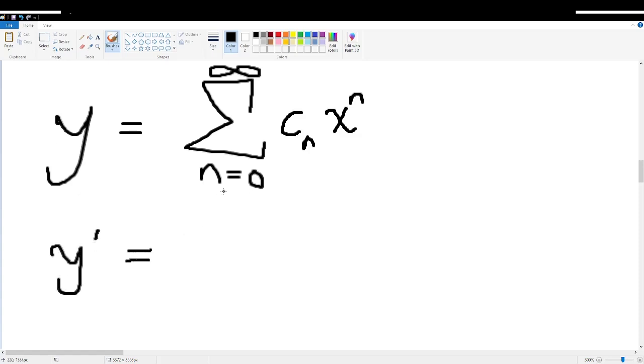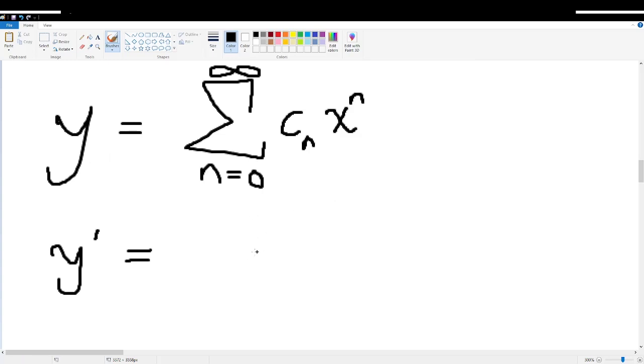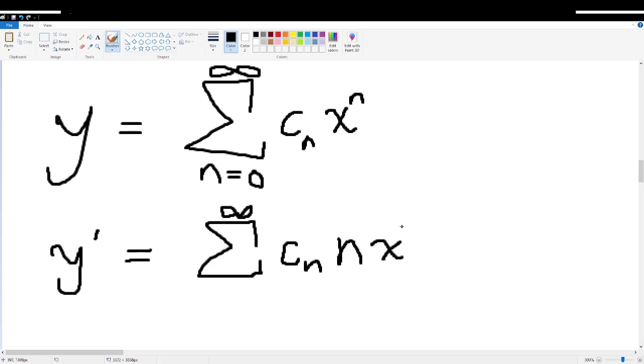When you take the derivative of a series, you have to remember that it is essentially shorthand for adding all these infinite terms. So every monomial is going to go down by the power rule. So we're going to have the sum still up to infinity. The constants are unaffected by the derivative. We're going to have an n, and x to the n minus 1.